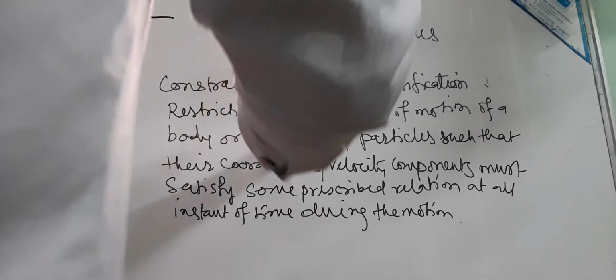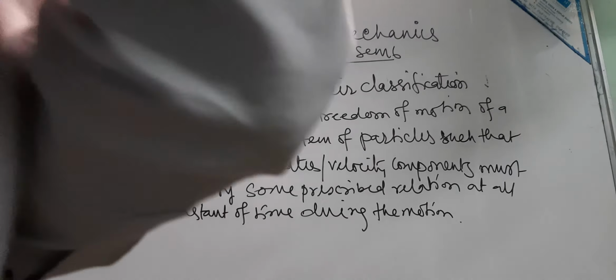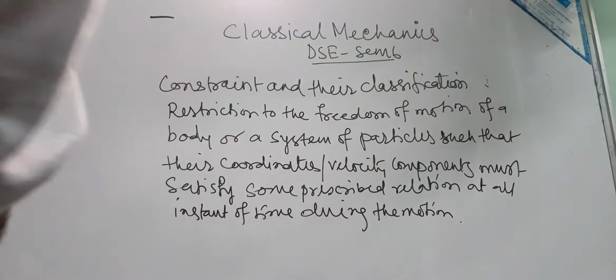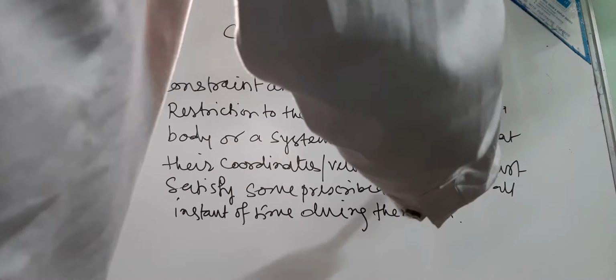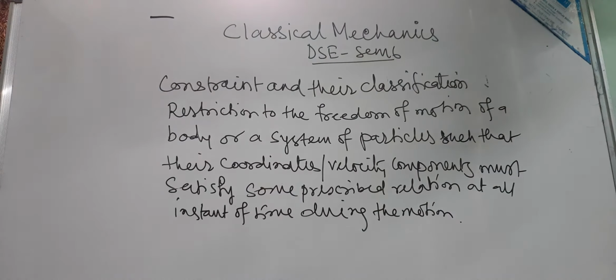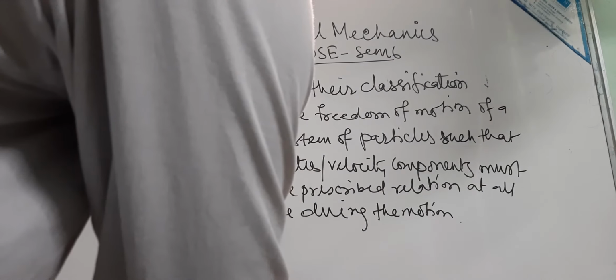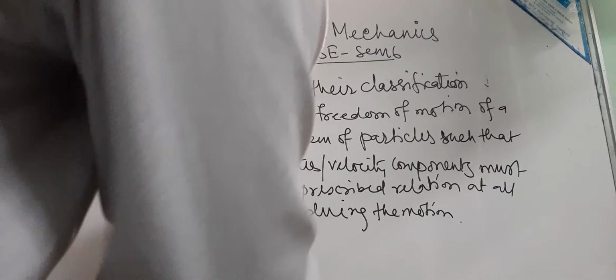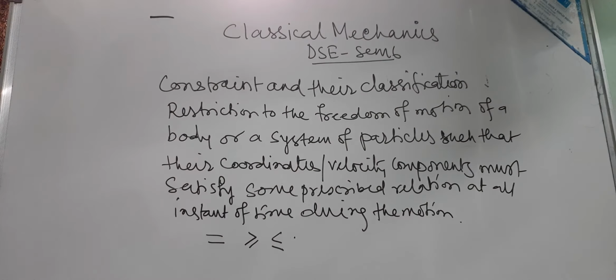You are only putting a restriction on the freedom of motion of the body, but its coordinates and velocity components will satisfy this relation at all instants of time, and these relations are in the form of equations or in the form of inequalities.